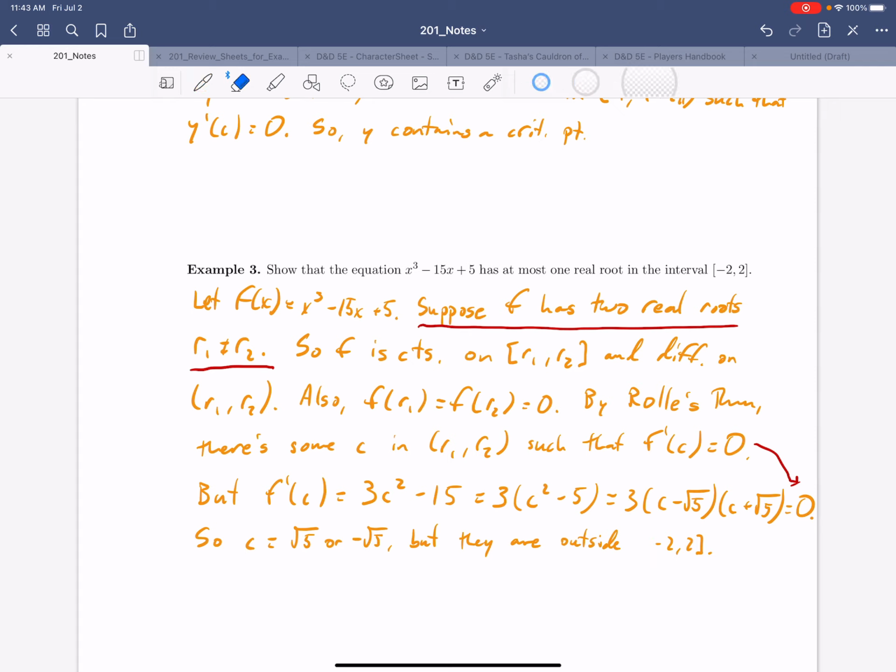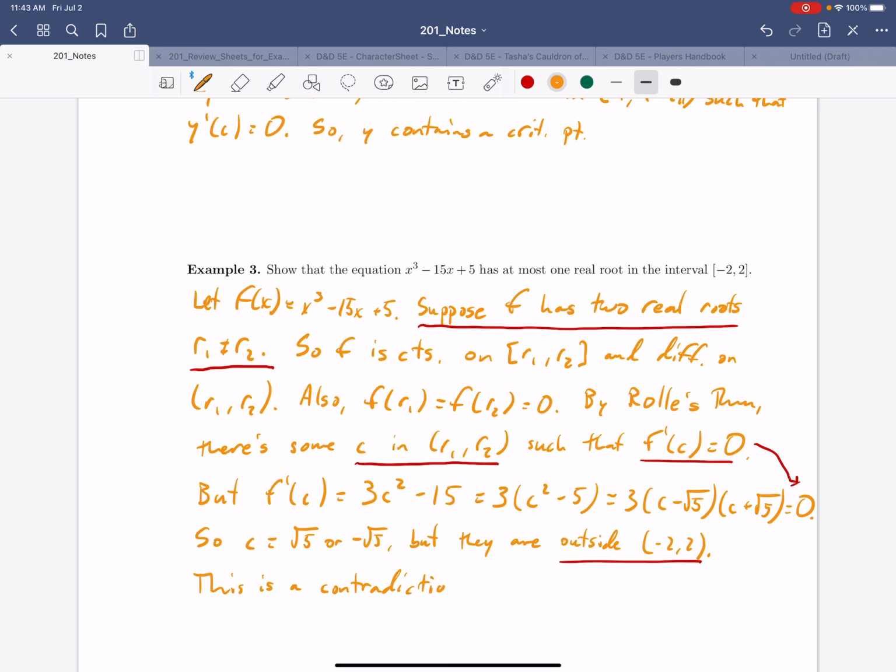In fact, really all we needed to know was that they were outside the open interval, right? Because we said that there was a c in this open interval such that f prime equaled 0. Now we're saying, well, actually, no, they have to be outside. This is a contradiction.